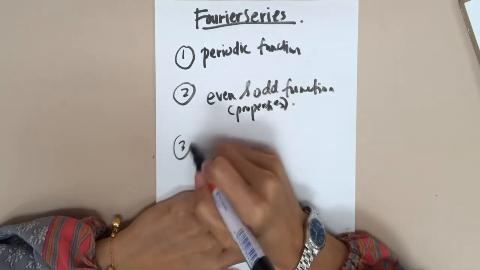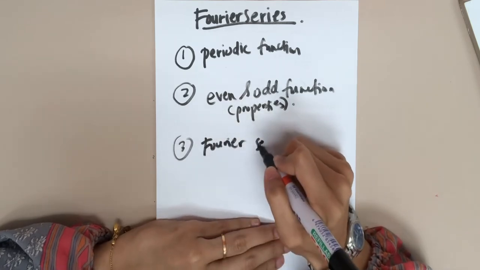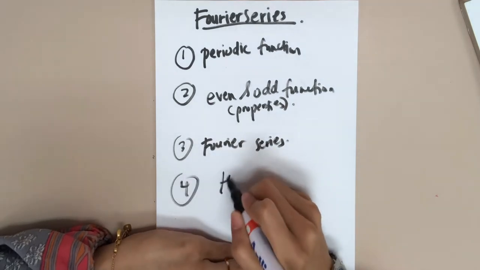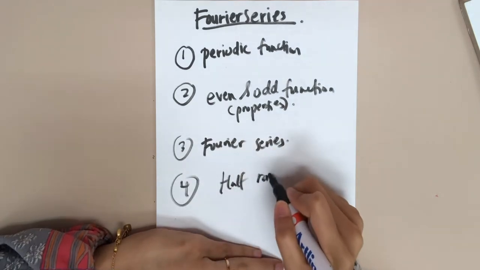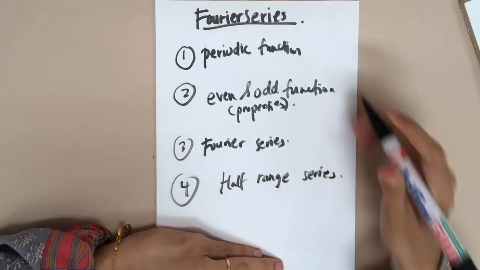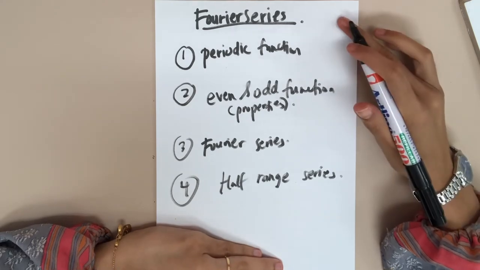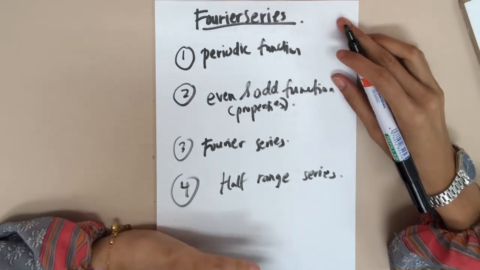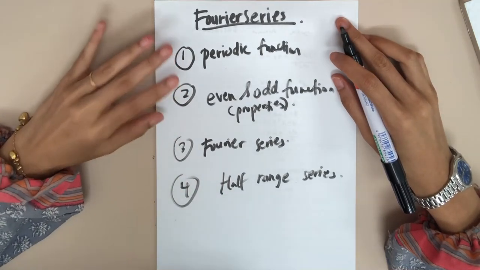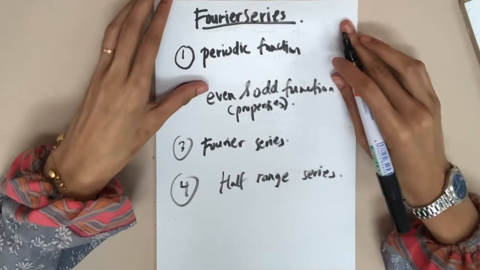The third one is Fourier series itself, and the last topic is half range series. So we have 4 topics that we cover in this chapter. In this video, I will start with the first 2 topics: periodic function and also even and odd function.